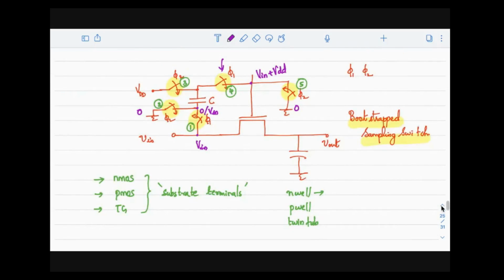The clock of the switch is phi 1. On the right side, the voltage will be V in plus VDD. On the left side, what is the voltage coming? It will be VDD plus V in, or it will be VDD, right? On the other side, you have V in plus VDD, as well as 0 voltage.